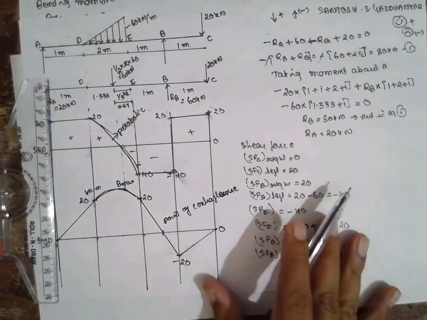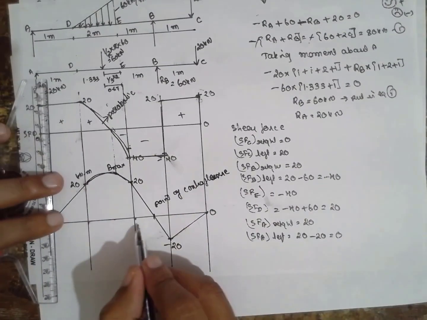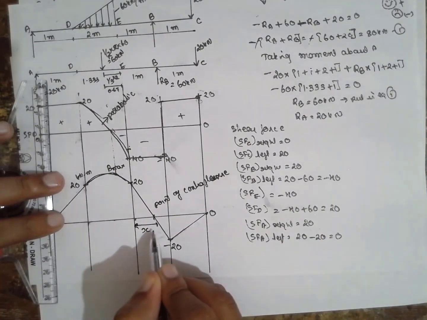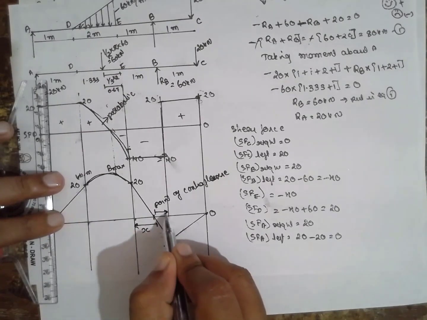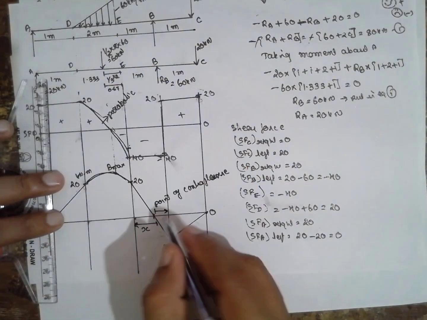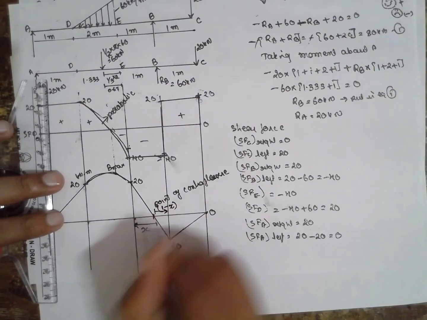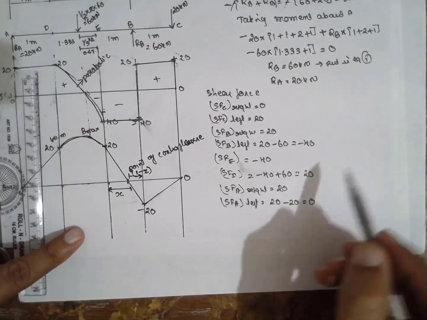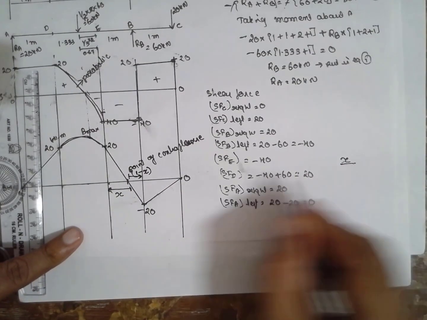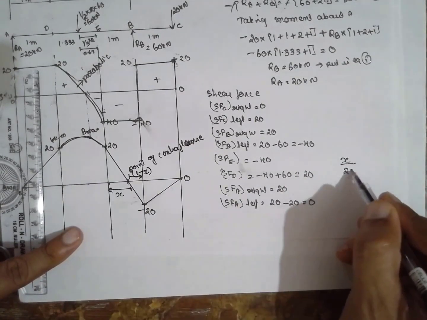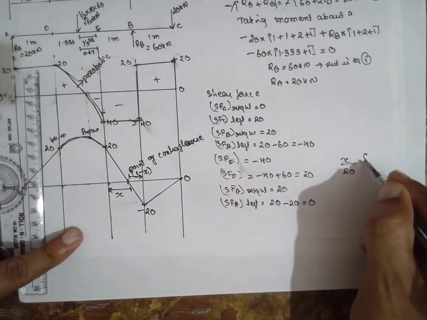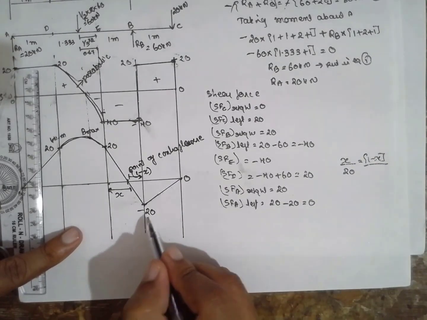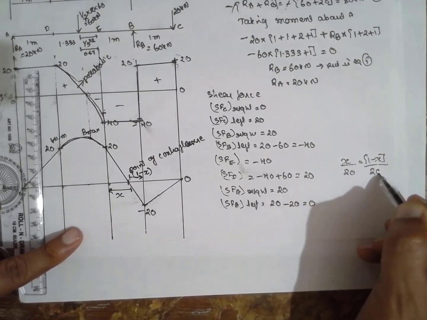Now when it is an inclined line, then you can consider this as X. I am directly finding the contraflexure. This is X and this will be 1 minus X. You can directly find this value. Write X divided by 20 is equal to 1 minus X divided by 20. Don't consider the minus sign. Irrespective of minus sign, you have to consider the value.